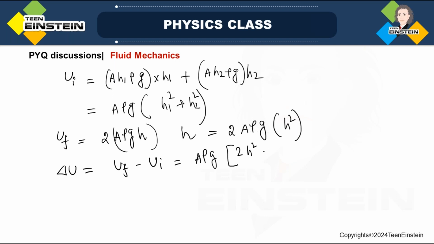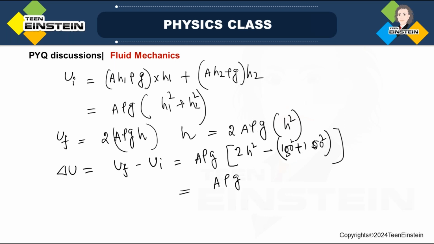This is 2h square, and this will be minus h1 square minus h2 square, right? 150 square, and this is 100 square. I can take this positive. So this is the difference. We have to take the mod of that.